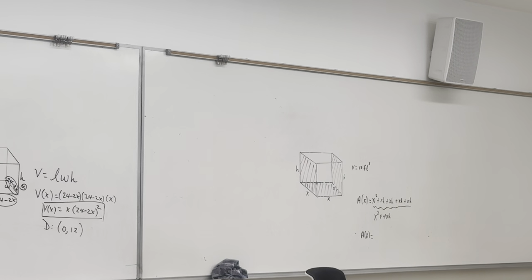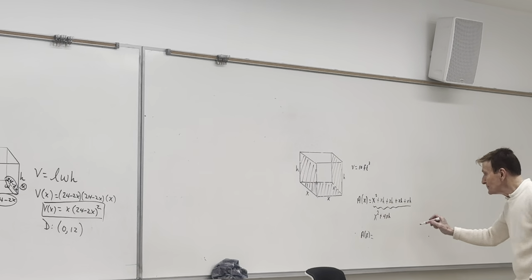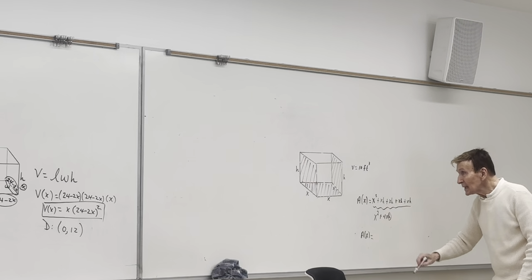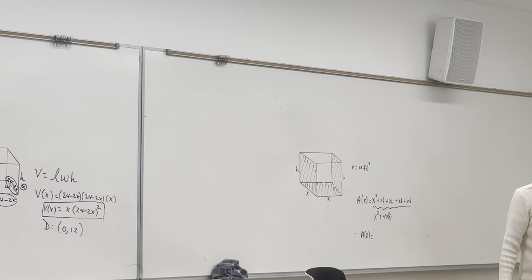The h has got to go. It's got to go. Now, can someone in this clever class tell me, how can I substitute something for h, make it go? Because it can't stay there, they want everything in terms of x.